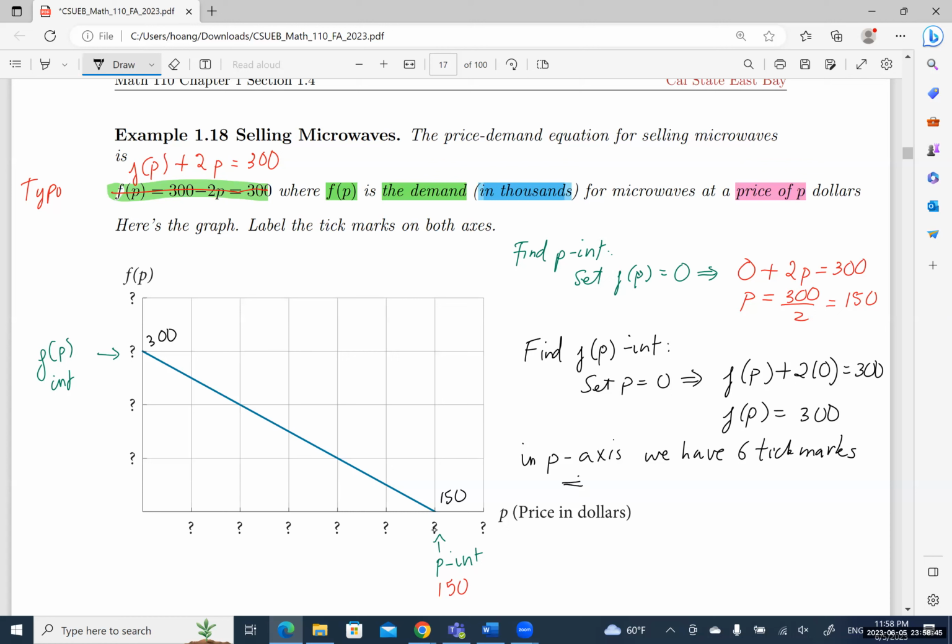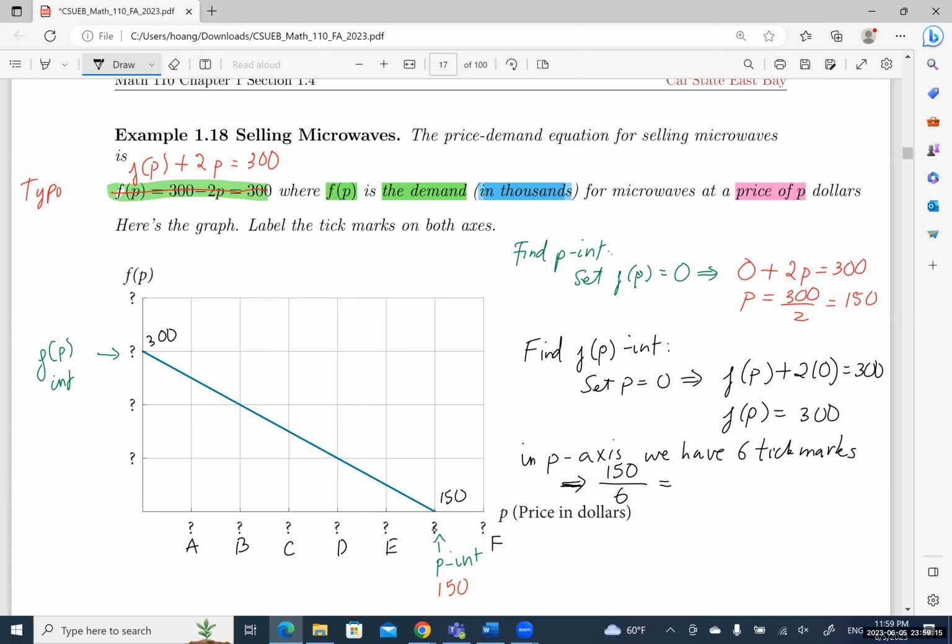So each tick, we're going to use 150 divided by 6. Let's label them here as A, B, C, D, E, and this F. See that, right?